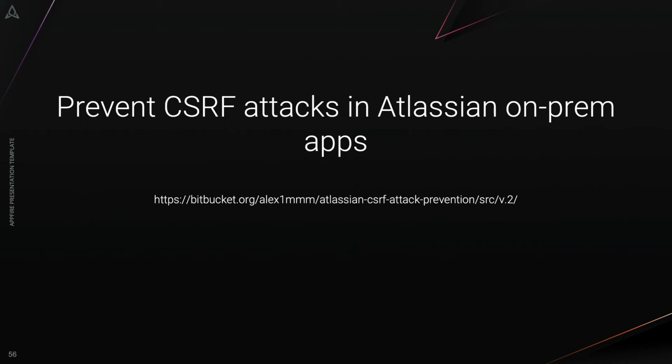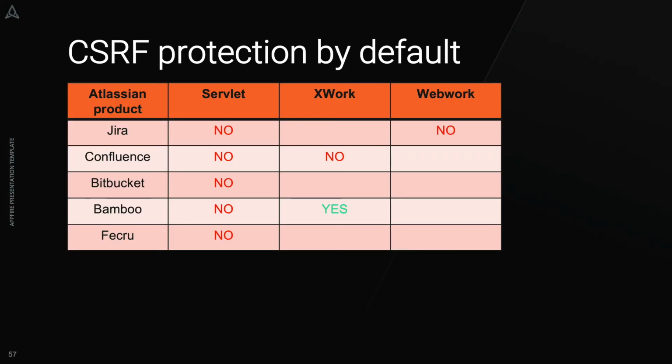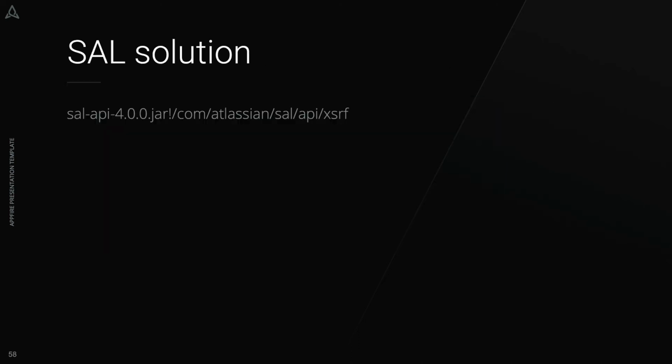You can use the tokens if you want. And I've got this table. What this table says is that if you create a servlet, XWork or WebWork by default, then you have no protection except for Bamboo. So if you created something out of the box, you have protection only for XWork and only for Bamboo. So protection is not enabled by default.